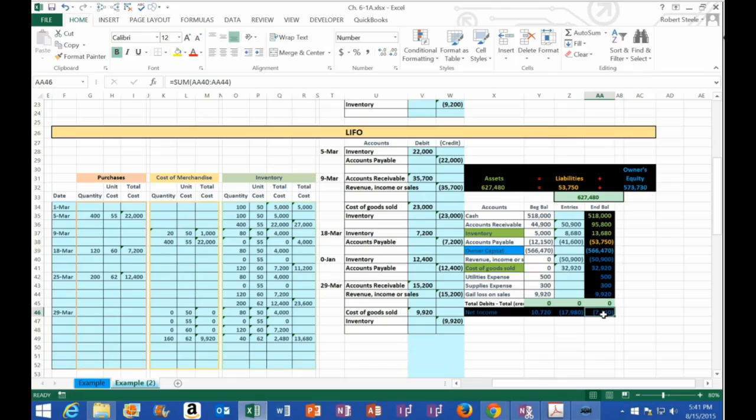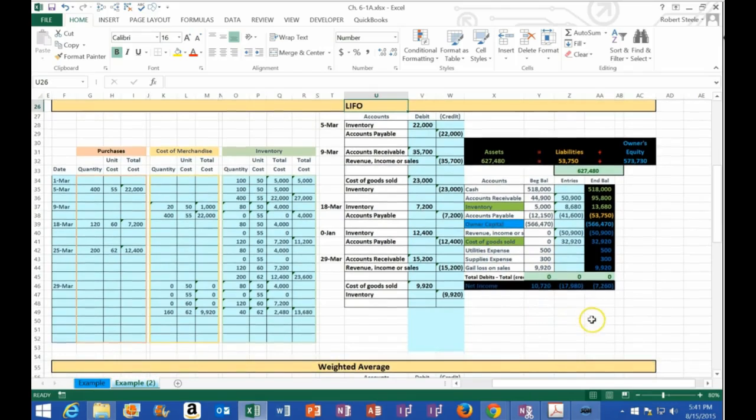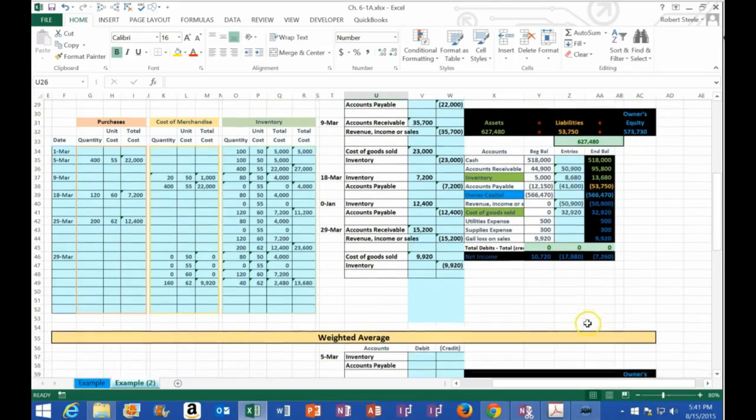Why would you ever want a lower net income? Possibly for taxes, because it might lower your taxes. So the only reason to really actually use LIFO that I would think would be to make an assumption to lower the taxes. We're going to move on next time to the weighted average method.